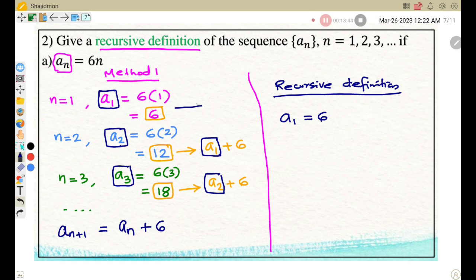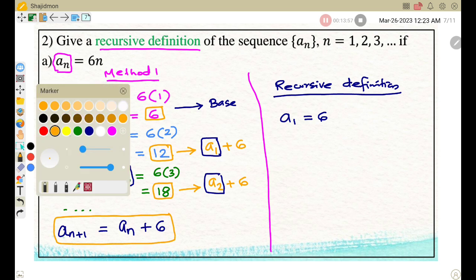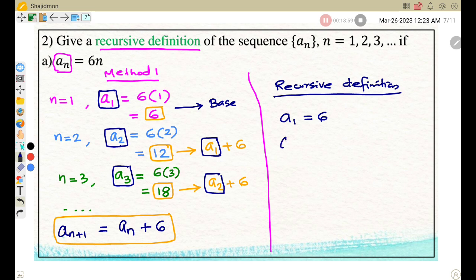This is the base number, starting number, correct? Base case, so a1 equal to 6. Now write the recursive step. Recursive step means this general step. What is the recursive step here? an plus 1 equals an plus 6, correct?